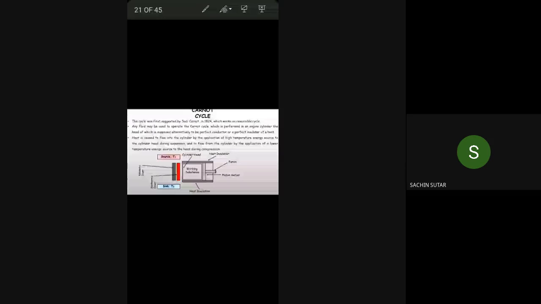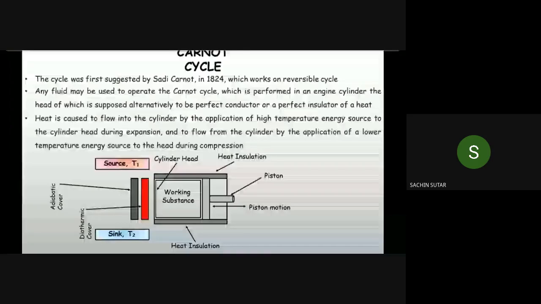Now we'll go for the Carnot cycle. The Carnot cycle is an ideal cycle, and it consists of four processes, of which two processes are isentropic processes.